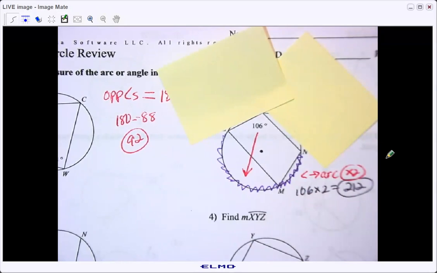Questions on that one? If you said I don't know or you didn't get 212, can you put in the chat box if you understand it now, please? Okay, good. Awesome.